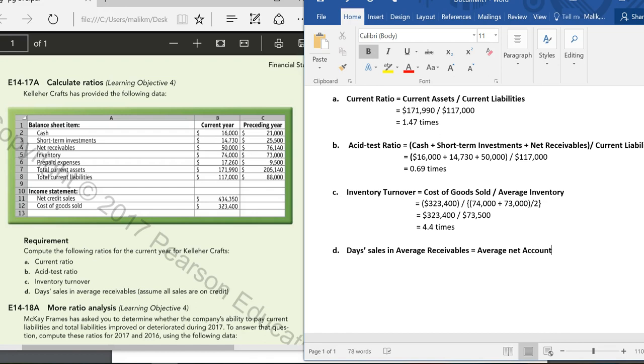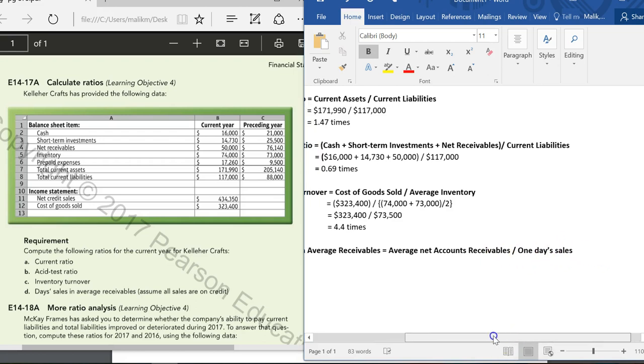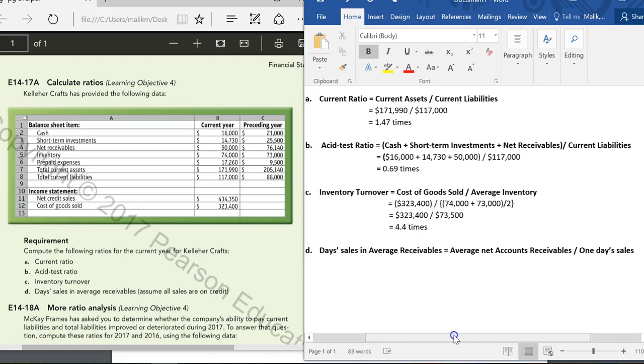Accounts receivables, this is my top part, average account receivables divided by 1 day's sales. Again, 1 day's sales may not be given, but if you know your total sales and divide it by 365, then you can calculate 1 day sales.